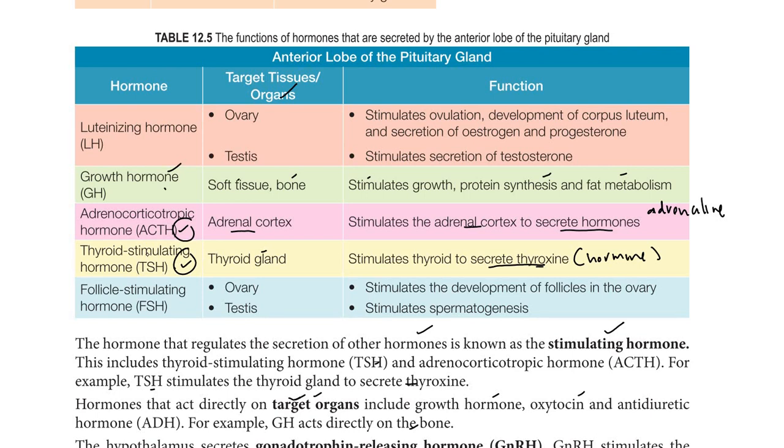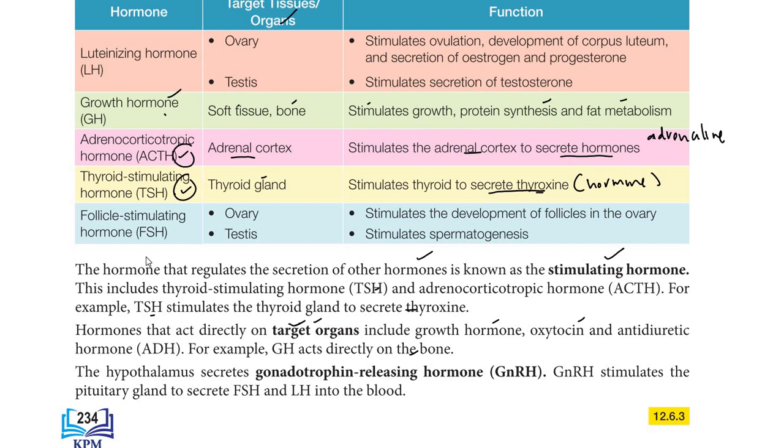Next, we have the hypothalamus secreting gonadotropin releasing hormone, or GnRH. GnRH stimulates the pituitary gland to secrete FSH and LH into the blood. For LH and FSH, it is a special case, because they are usually secreted when a person reaches puberty. During babyhood and childhood, these hormones will still not be secreted by the pituitary gland.